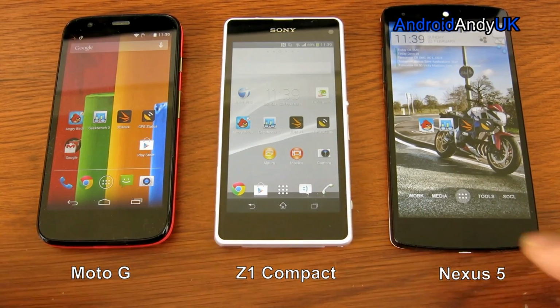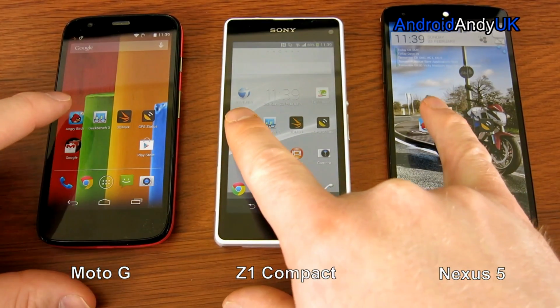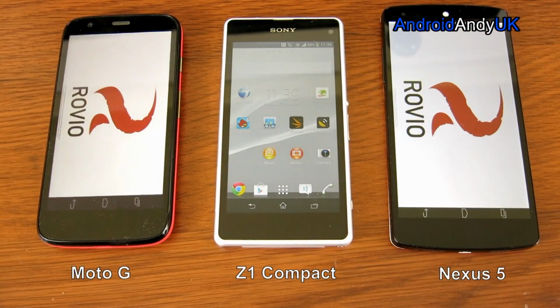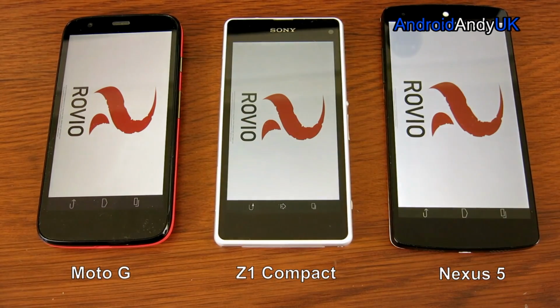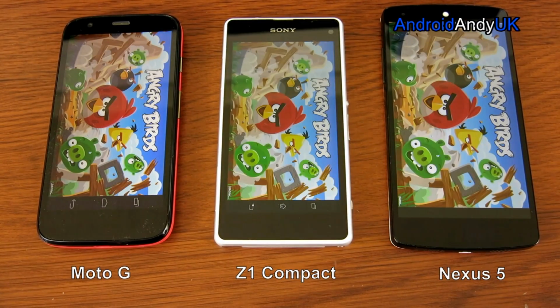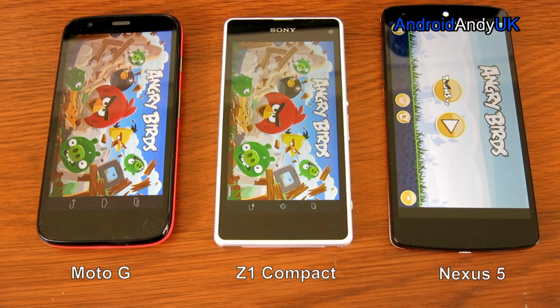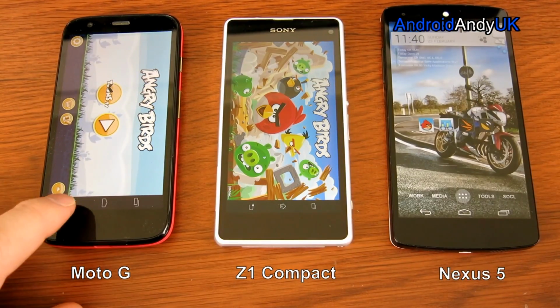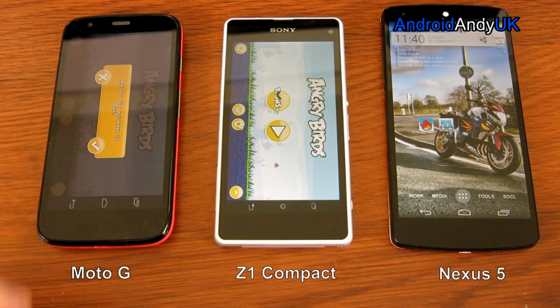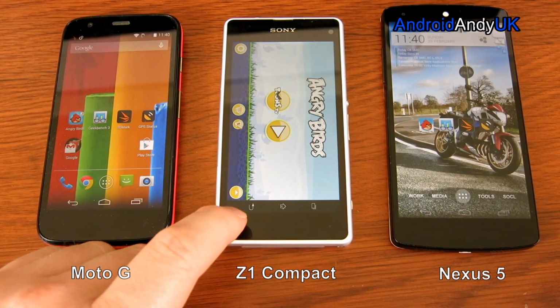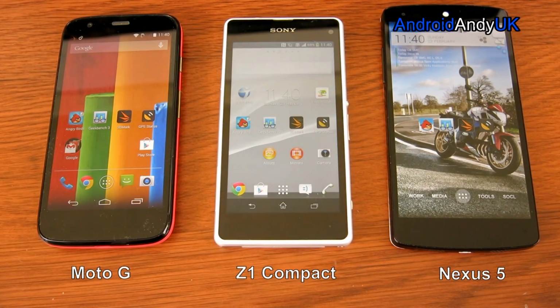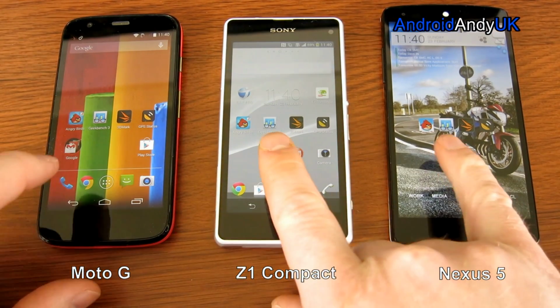We're going to kick things off with the Angry Birds test, hopefully. Now this is where it's going to be tricky. Interesting. So that looked to go Nexus 5, Moto G, Xperia Z1.